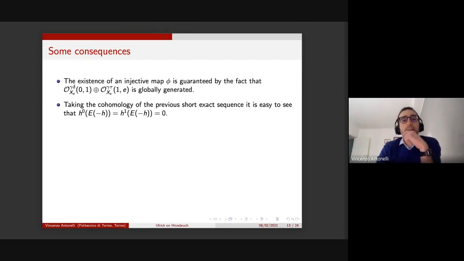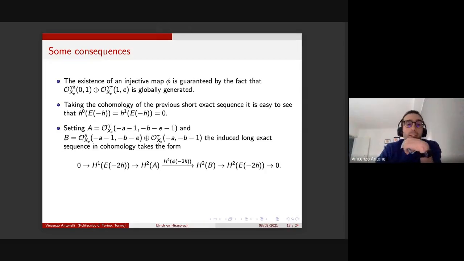The second point is that if you consider the short exact sequence with the two vector bundles and the cokernel of the injective map phi, then just taking the cohomology, you see that you have these two vanishings in cohomology. And these are two of the four vanishings that you need for an Ulrich bundle. The other two are H1 and H2 of E minus 2H. So we only need two vanishings at this point.